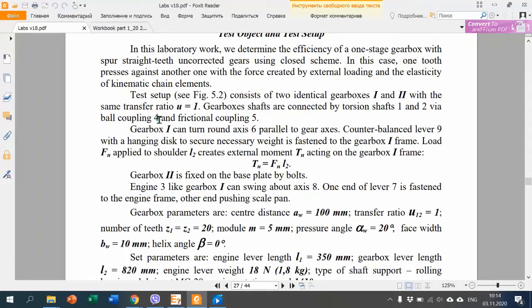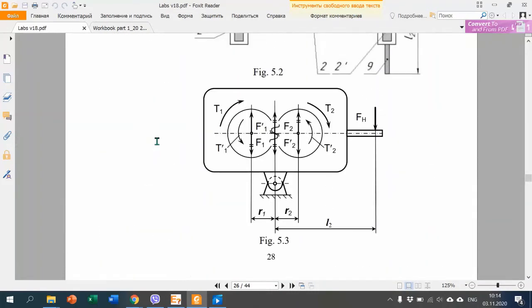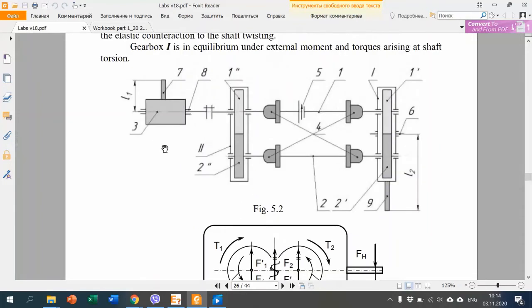Okay, what should we do? We should apply different forces to the L2 arm and create different torques which act on our system.